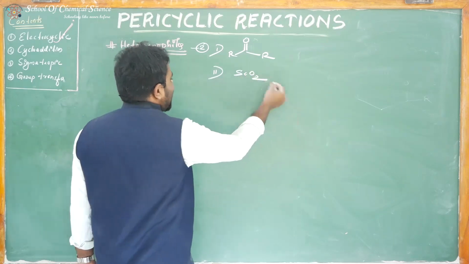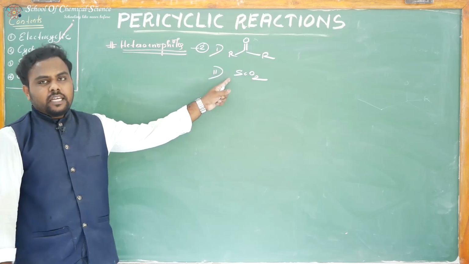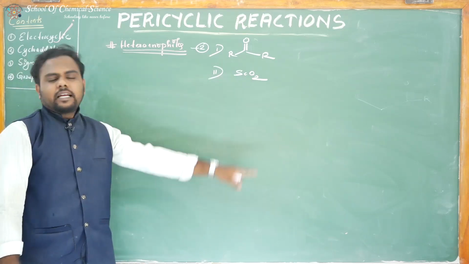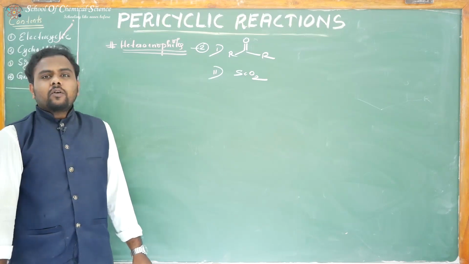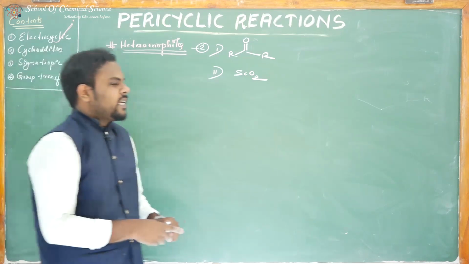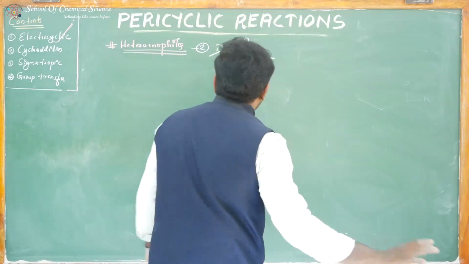Second, selenium dioxide. Selenium dioxide is a very important reagent used for allylic oxidation, which we will study in this lecture. So we can start with the carbonyl compound acting as heteroenophile.